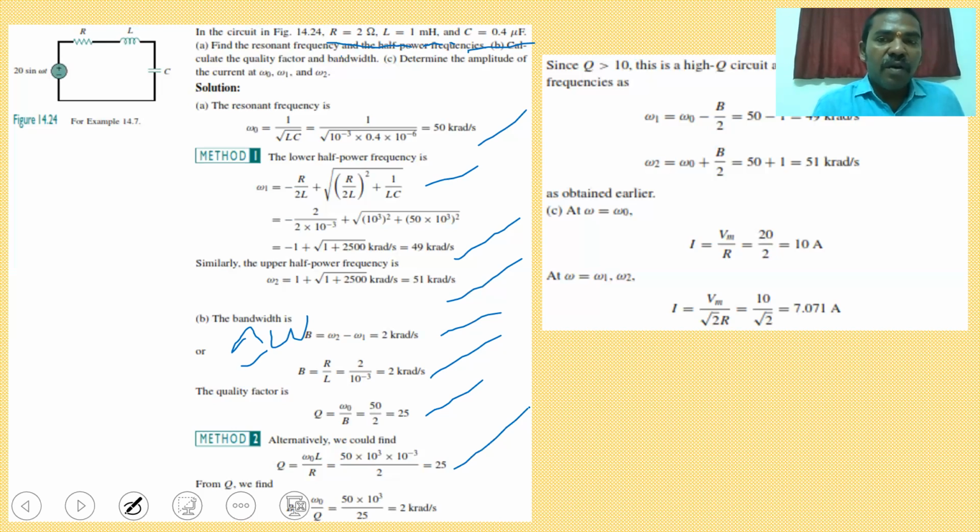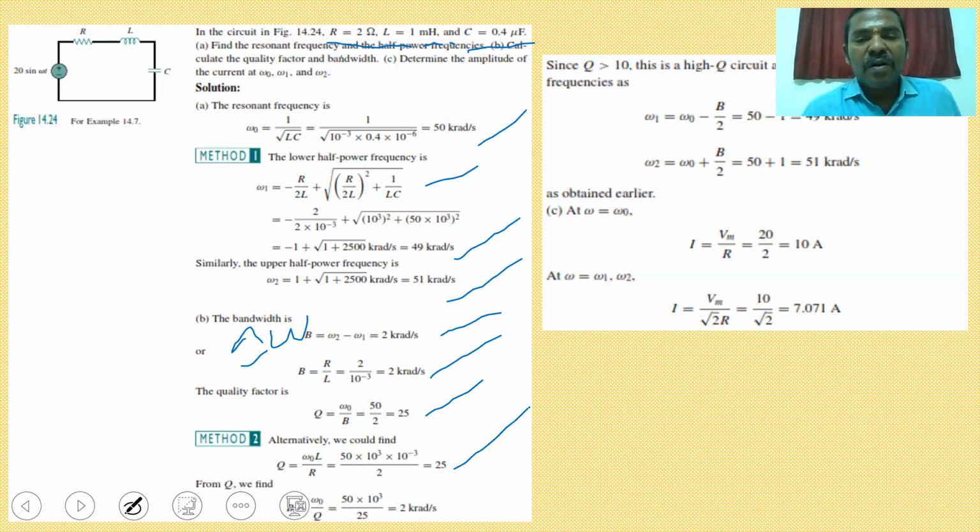Okay. So now we are going for the calculation of the currents with respect to the amplitudes at omega naught, omega 1, omega 2. So already we have calculated the values of omega naught, omega 1, omega 2.